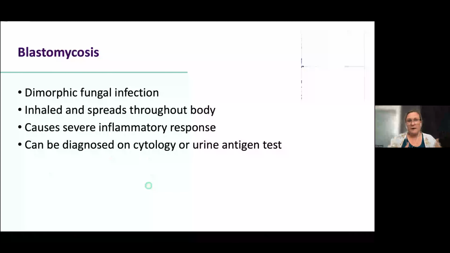So it sets up in the lungs, but then it goes to things like the bone, skin, lymph nodes, et cetera. It can go anywhere. And it does cause, as you saw, this severe inflammatory response. And it can be diagnosed on cytology, but sometimes we're not going to get lucky and see the fungal organisms. So there is a urine antigen test that is really helpful for diagnosis of blasto as well.